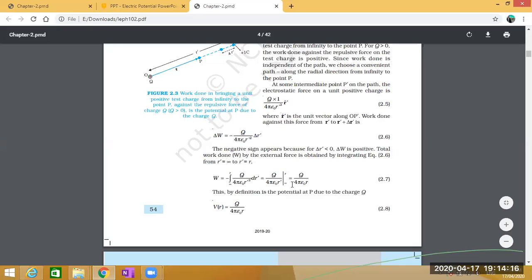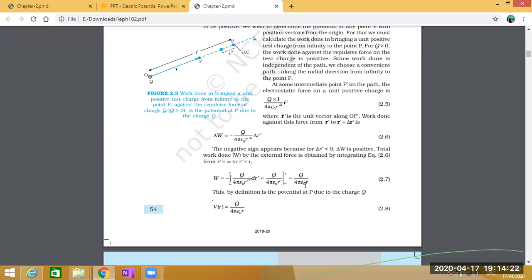So this potential can be expressed as kQ by r. It means electric potential is directly proportional to source charge and inversely proportional to distance from the source charge. Electric field was directly proportional to source charge and inversely proportional to the square of distance.